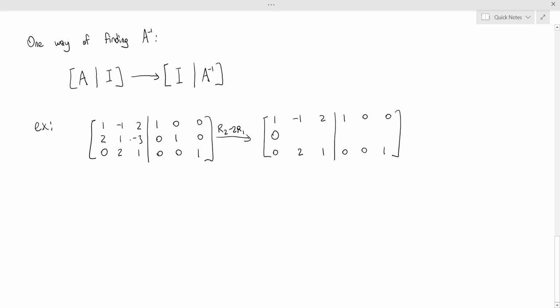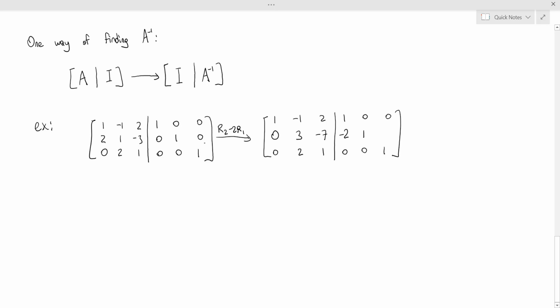Row 2 minus 2 of row 1, that's going to be 1 plus 2, which gives us a 3. Negative 3 minus 4 will be negative 7. Over here, 0 minus 2 will be negative 2. 1 minus 0 is 1.